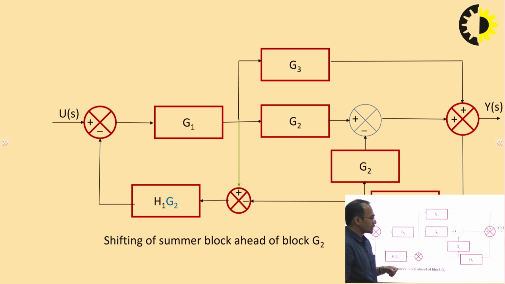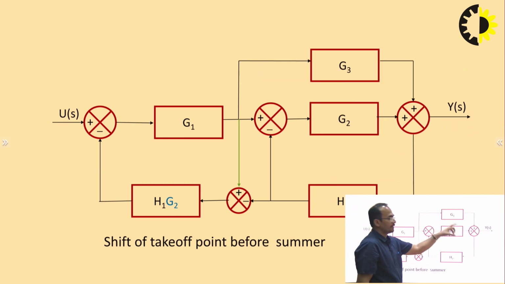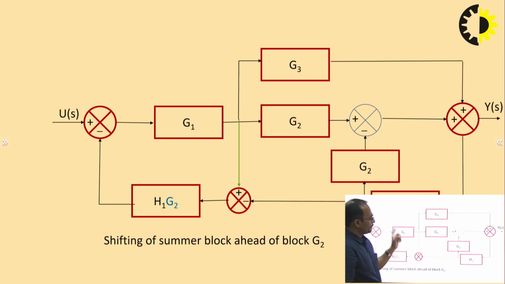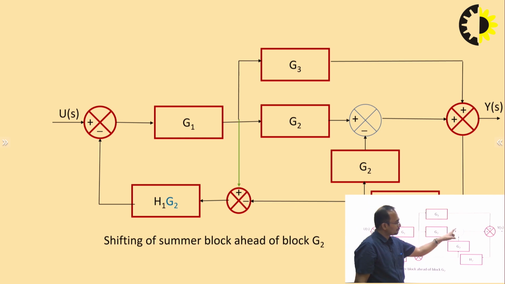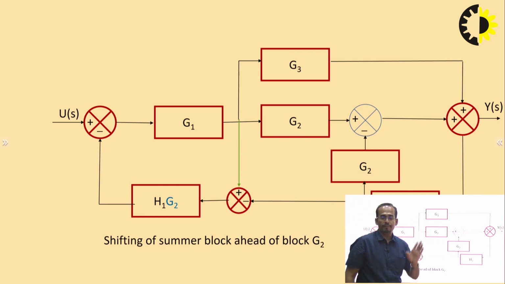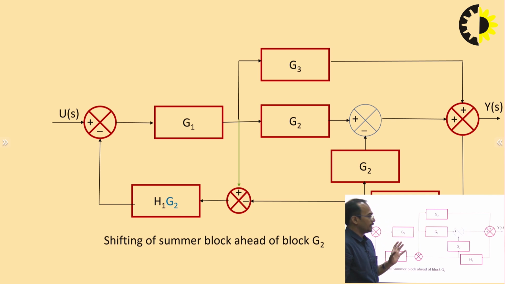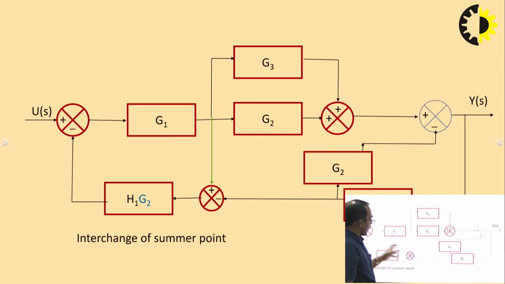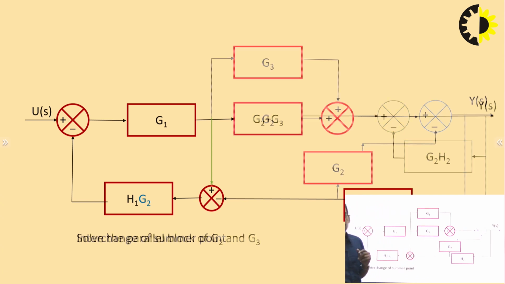Before splitting this summing point into two parts, I have shifted this takeoff point after the block G2. After shifting the summing point after G2, I have to multiply by the gain of the block after which I have shifted the summing point. So this is the resultant block diagram, and after that you can interchange the summing point that I have already told you.